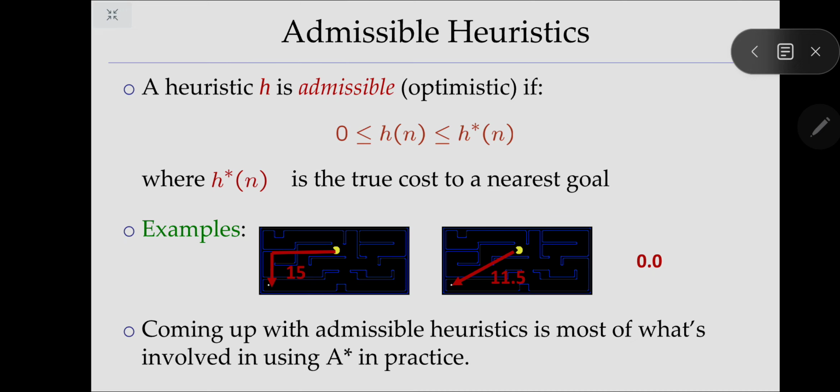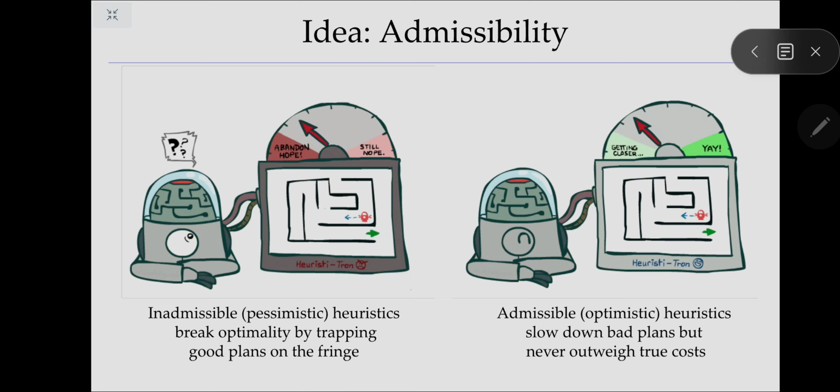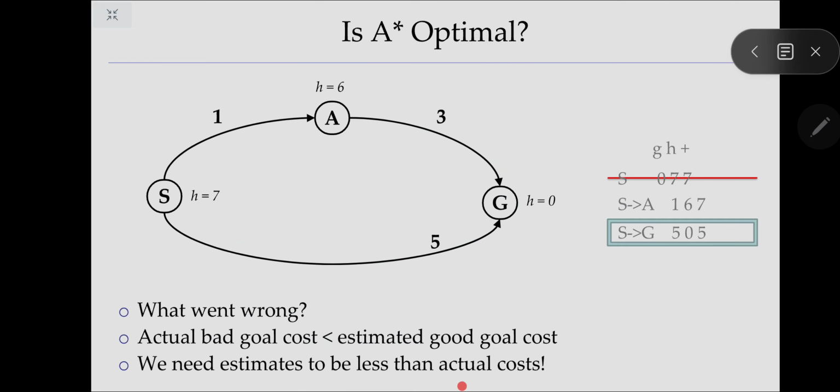Now, come back to the previous example. As you see, the exact cost between A and G is 3. Because of that, when we need to define an admissible heuristic, the heuristic of A is at most 3.